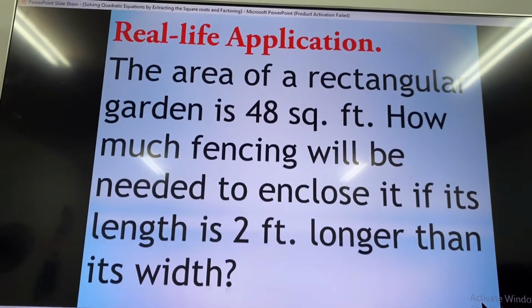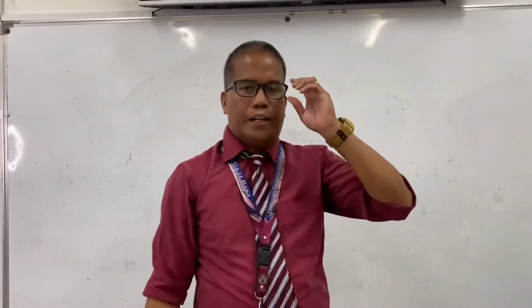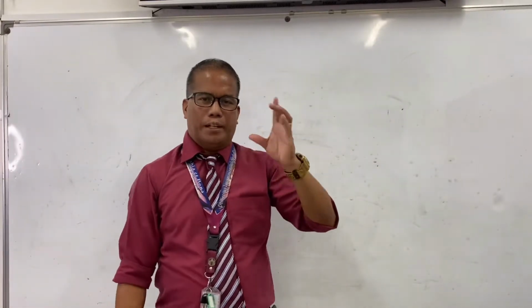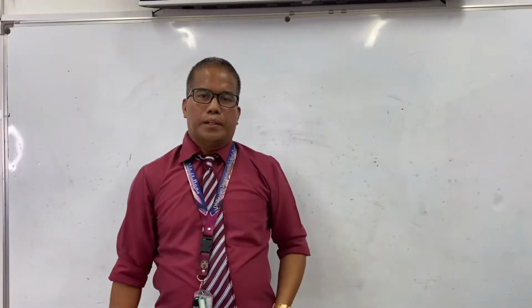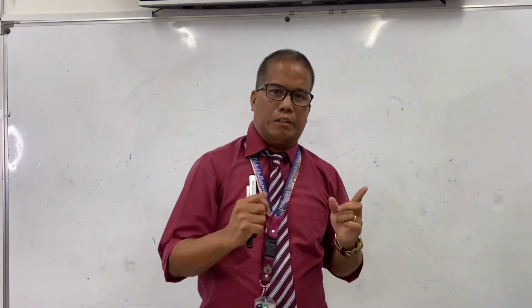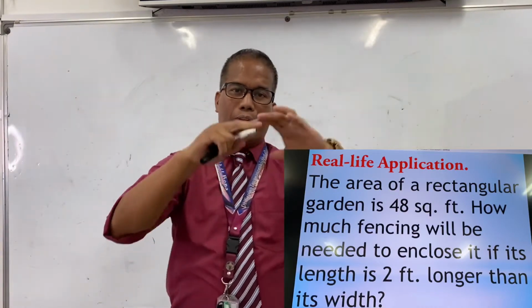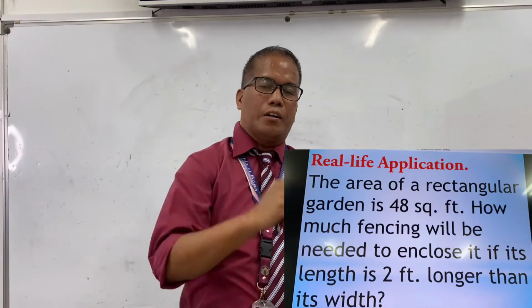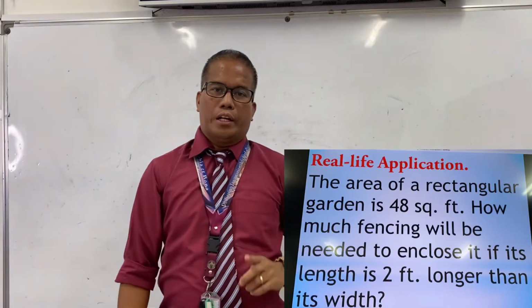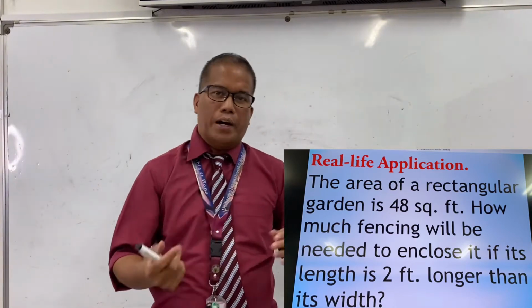So application of our lesson. Alright, grade 9, to solve real-life application problem, first analyze the question. Since you are asked to find the area of a rectangle, you need to know the formula for finding the area.